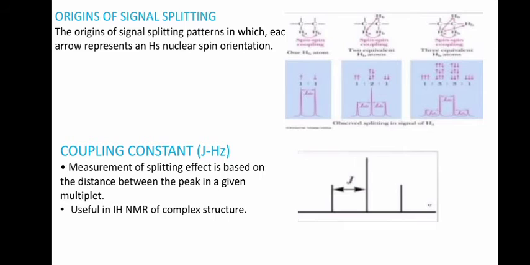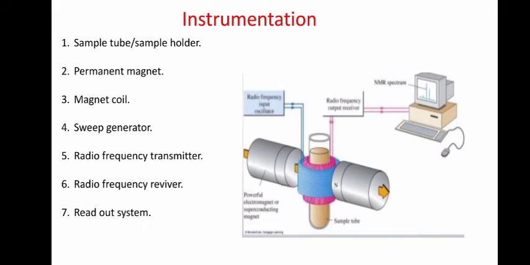Origin of signal splitting: each arrow represents an Hb nuclear spin orientation. Coupling constant: measurement of the splitting effect is based on the distance between the peaks in a given multiplet, usually in hertz, in NMR of complex structures.